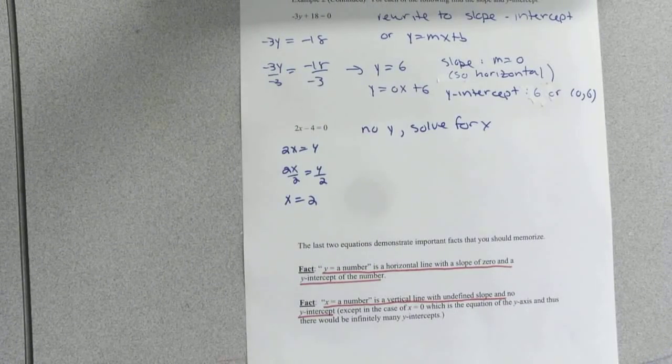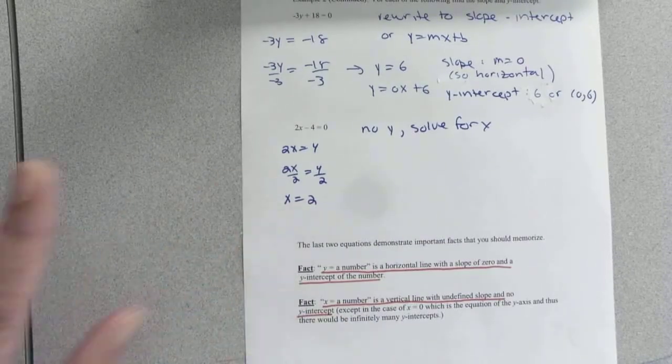And if you're talking about the y-axis, then every single point is a y-intercept. So when you're talking about the equation of the y-axis, which is x equals 0, yes, the slope is undefined, but it actually has infinitely many y-intercepts. Now, I'm not going to put that on a test or try to trick you up. For all other vertical lines except the y-axis, the slope is undefined and there's no y-intercept.